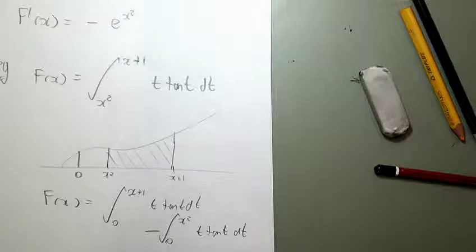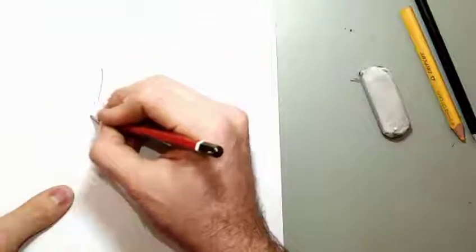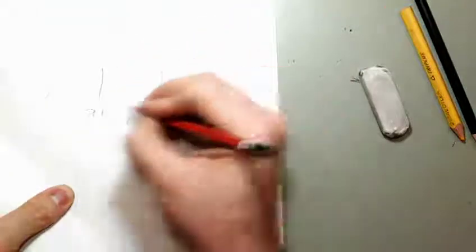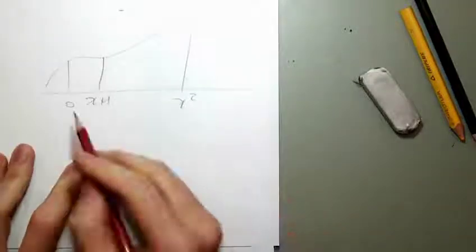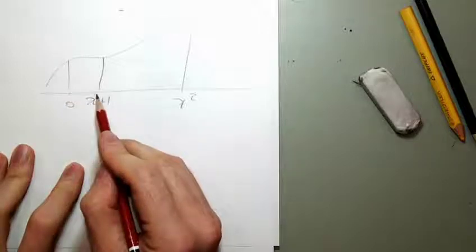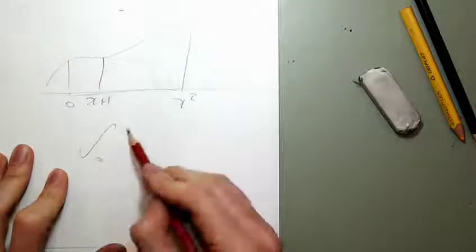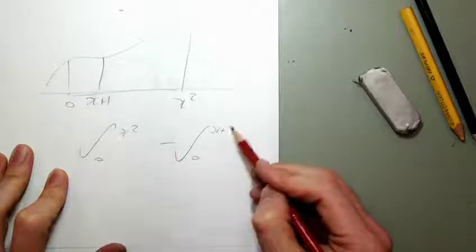It's not always true. Obviously, if x was, say, 7, x squared would be more than x plus 1, but it doesn't make a difference to the integral. Because even if it's the wrong way round, I'll just get a minus for the answer I was looking for. I could have just as easily done this, and the 0 could be here. Then it would be from 0 to x squared minus from 0 to x plus 1.